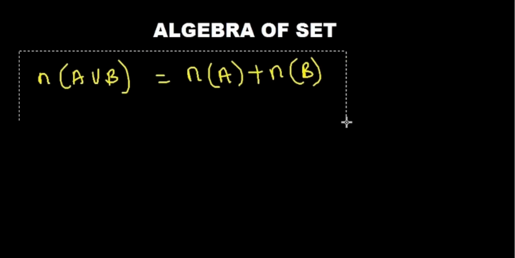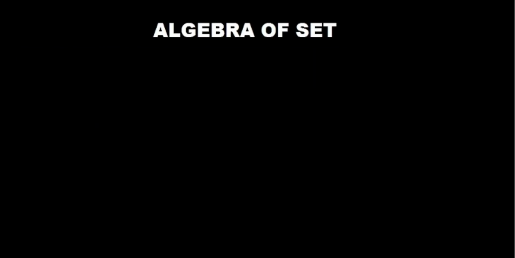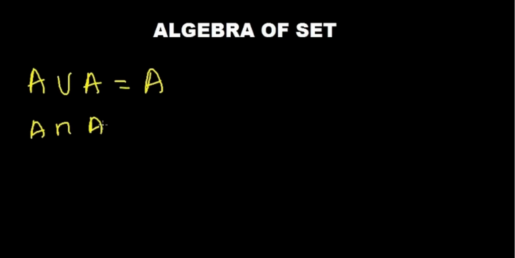Properties. There are some properties you need to know and have at the back of your mind while dealing with the algebra of sets. You should know that A union A will still give you A. It's just like saying you want to unite a set with itself, so it will still give you A. Then A intersection A also will still give you A. You have to note that, very important.